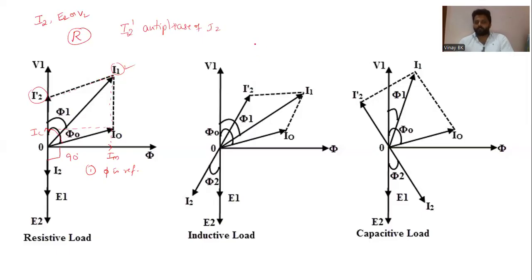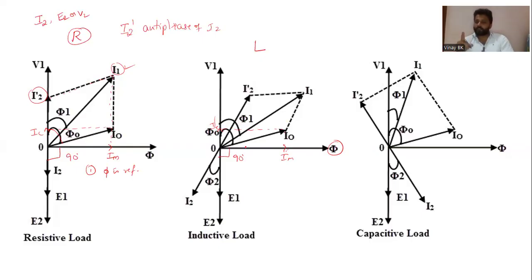Similarly, for inductive load, phi is a reference. Im is in phase with phi. Im and Ic are 90 degrees to each other. If you add these two, you'll get the value of I0. V1 leads phi at an angle of 90 degrees and Ic is in phase with V1. E1, E2 are in phase with each other and lag phi at an angle of 90 degrees.